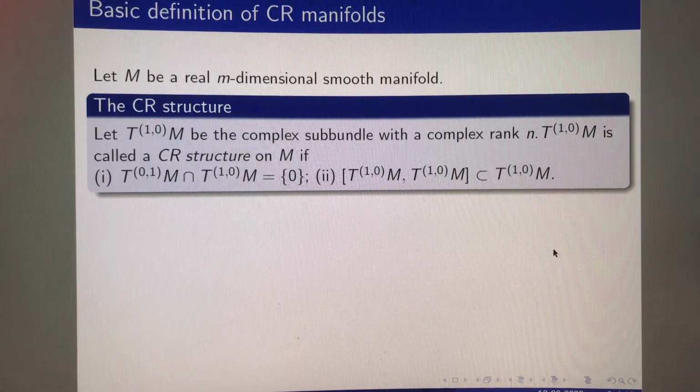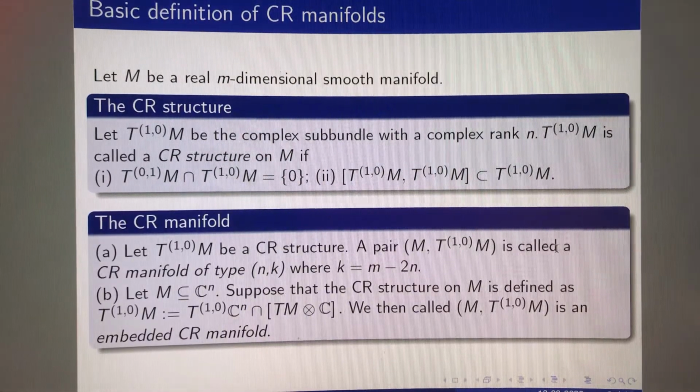The first one is that the intersection of this complex subbundle with its complex conjugate is the zero element, and the second condition is that this complex subbundle is integrable. Any real manifold that carries a CR structure is called a CR manifold.